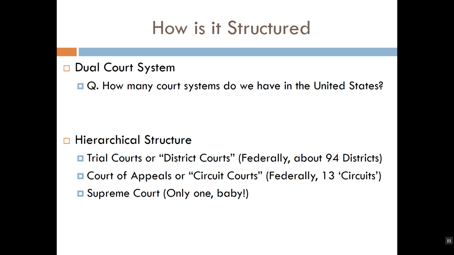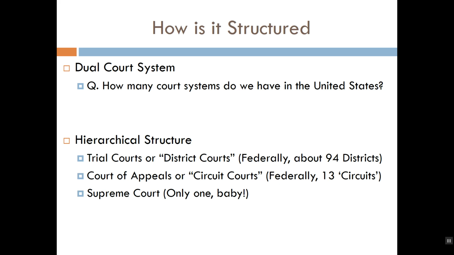So if you don't like the ruling of a trial court, if you think they've done something wrong or violated your rights in some way, you can file an appeal, asking a higher court, a circuit court, to review that decision. And if the circuit court agrees with you, it has the power and authority to overturn the lower court's rulings. We call the courts of appeals circuit courts because each one has jurisdiction or authority over cases originating in one of 13 circuits.